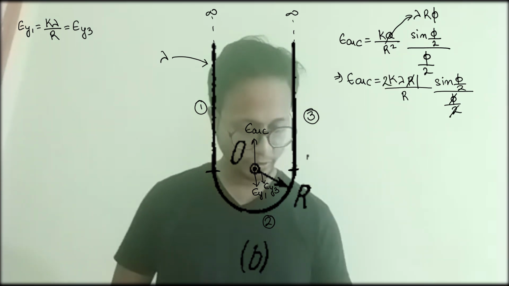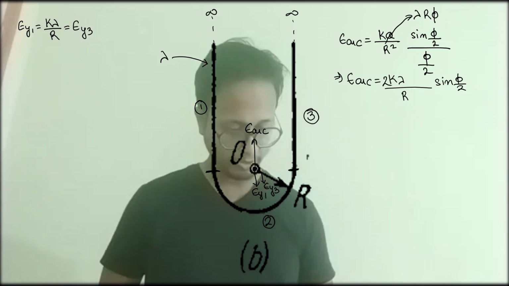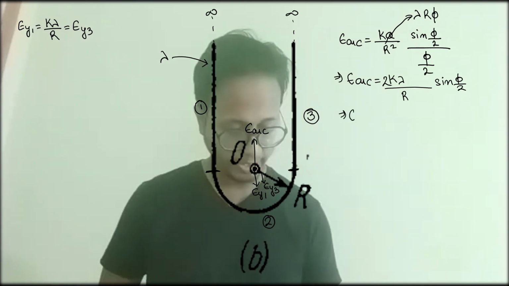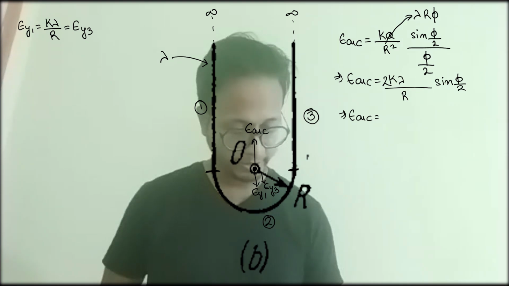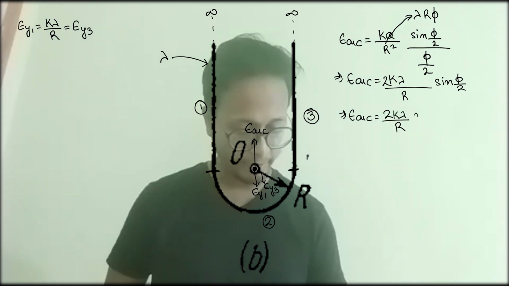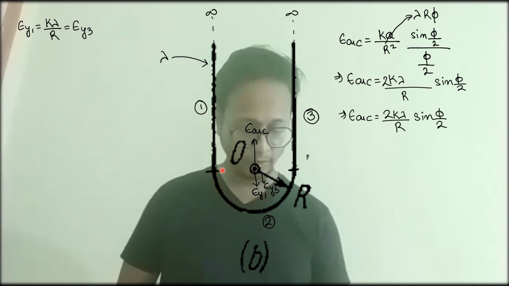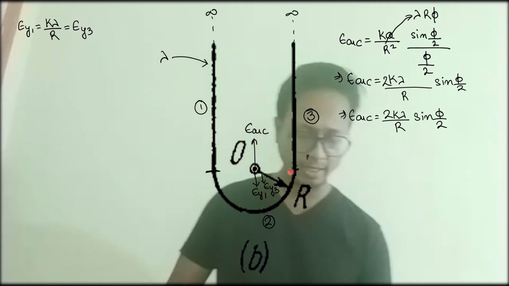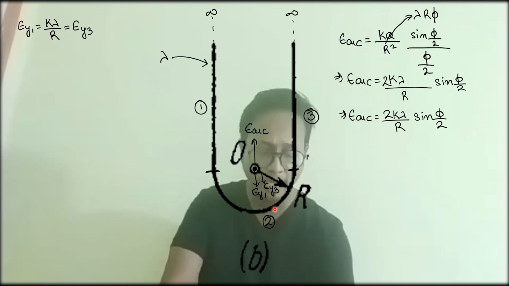So the remaining portion is: the electric field due to the arc is 2k lambda by R into sine phi by 2. Now what is the angle phi for the semicircular arc? Phi here is 180 degrees.